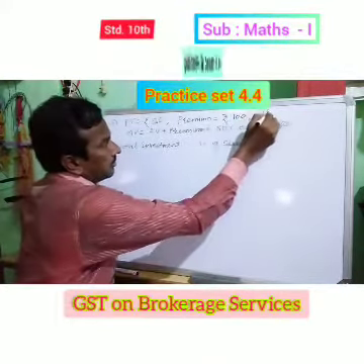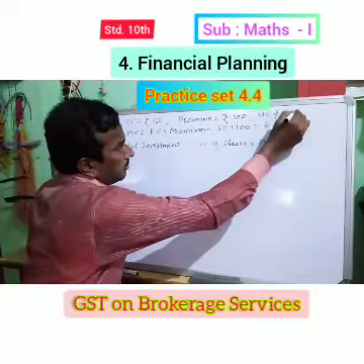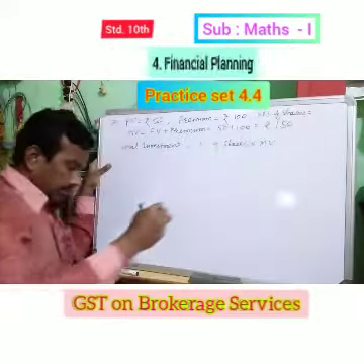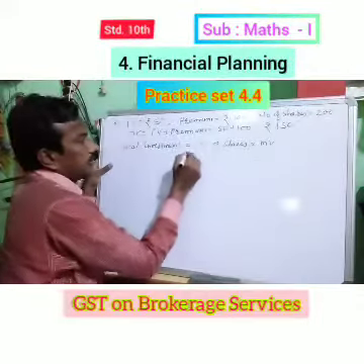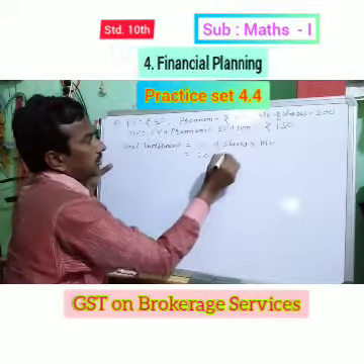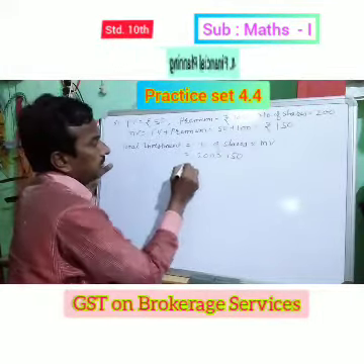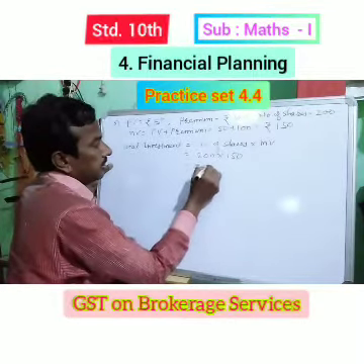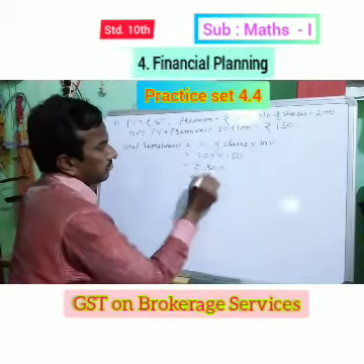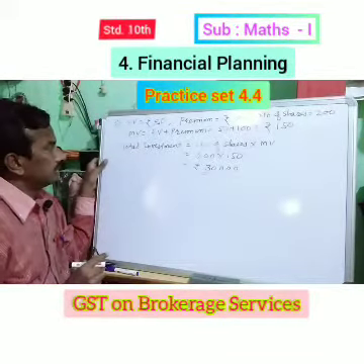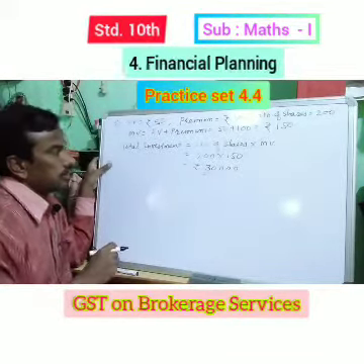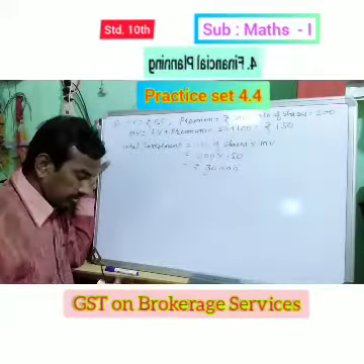Number of shares he purchased is 200, means 200 into market value 150. 15 2s are 30, means 30,000. Mr. D'Souza invested a total of rupees 30,000.